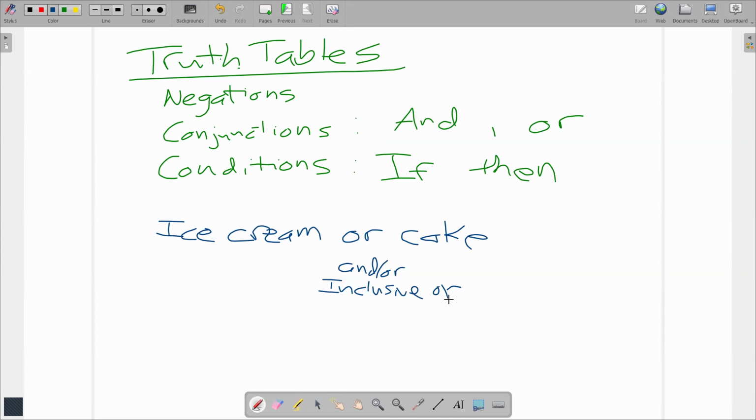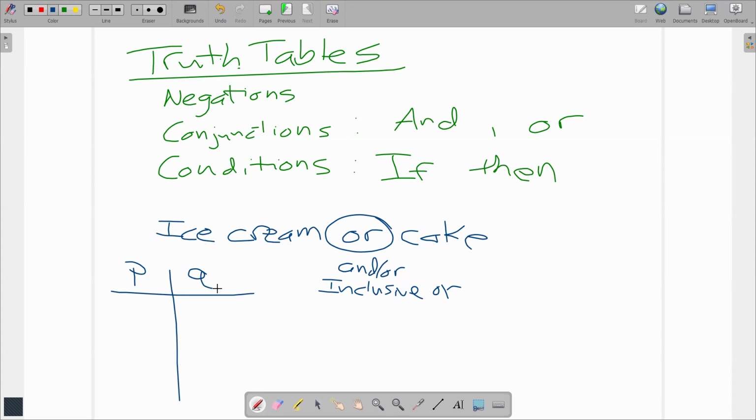So if I was going to make a truth table for the conjunction or, it would look like this. We have something we call P. Could be ice cream. Could be, did you do your homework? Could be, is this an even number? It's some simple statement or thing. Q is some other statement. Could be cake. Could be being an odd number.